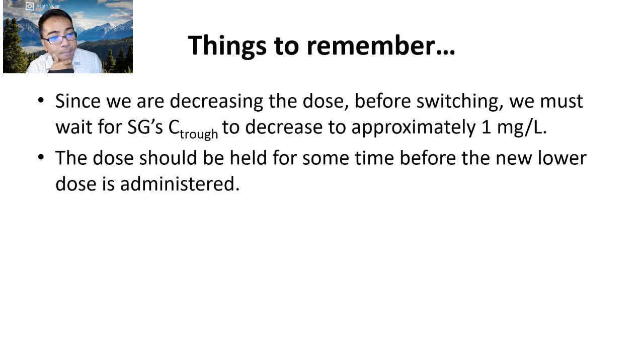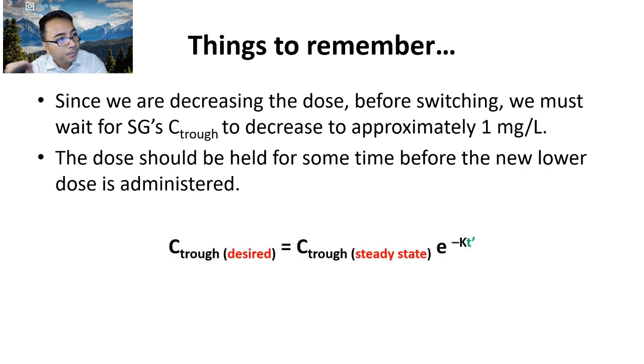So things to remember: since we are decreasing the dose, before switching, we must wait for SG's trough concentration to decrease to approximately 1 milligram per liter. So the dose should be held for some time before the new lower dose is administered, kasi tumaas yung plasma concentration natin. Therefore, the trough desired should be computed using this one.